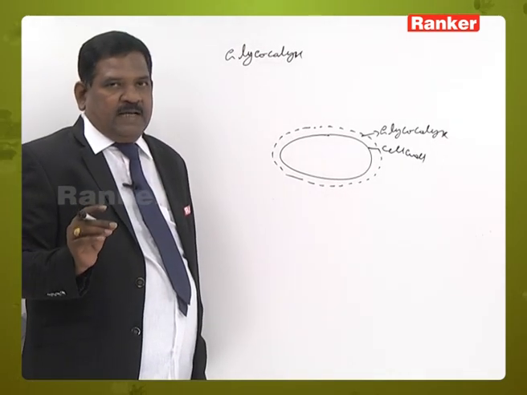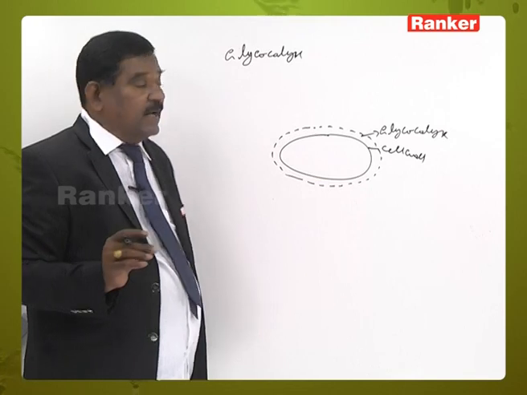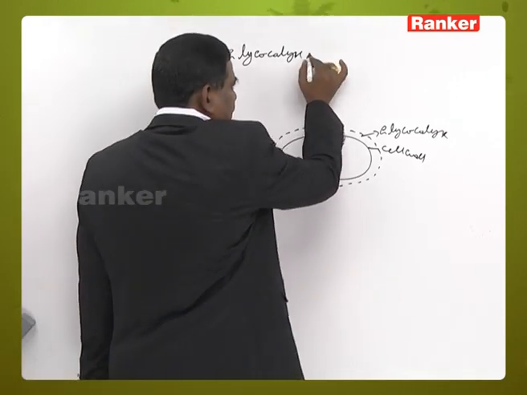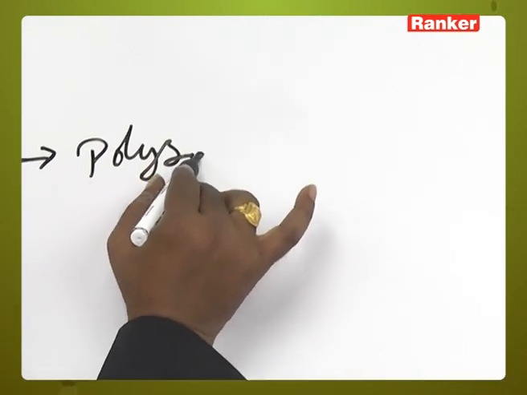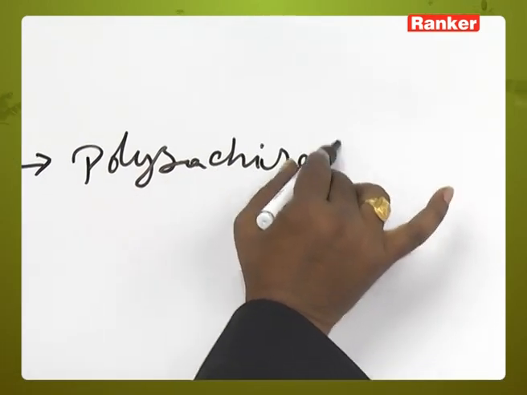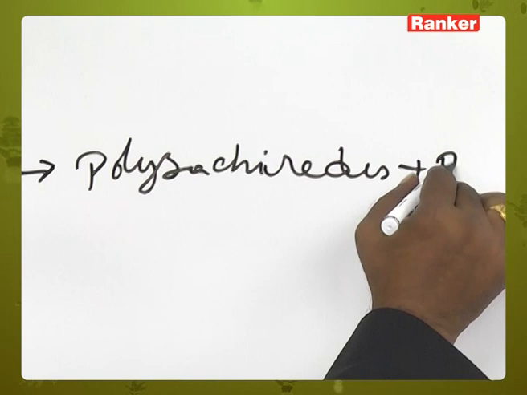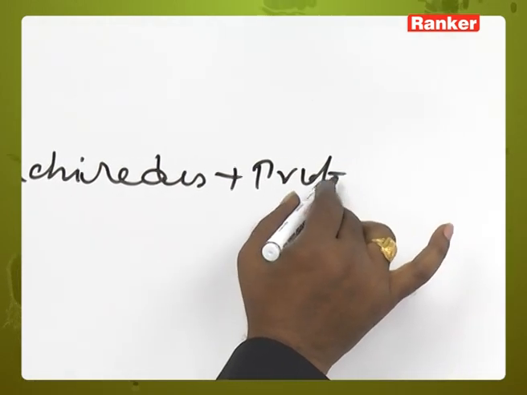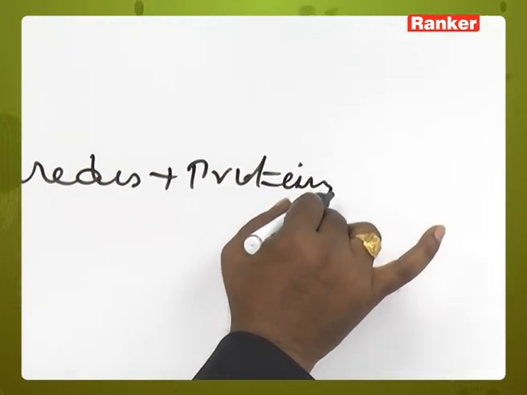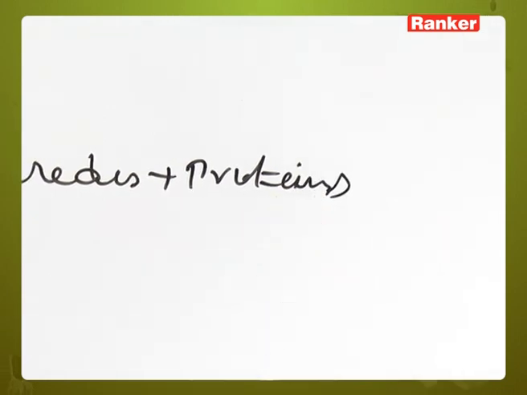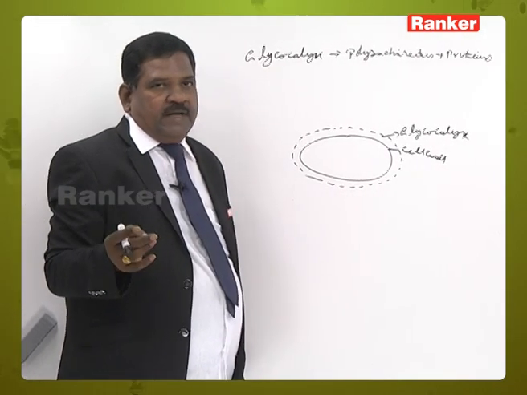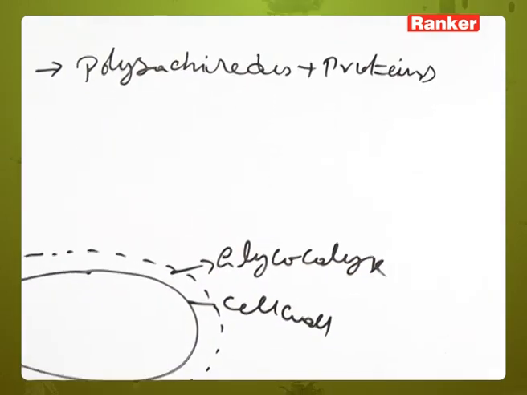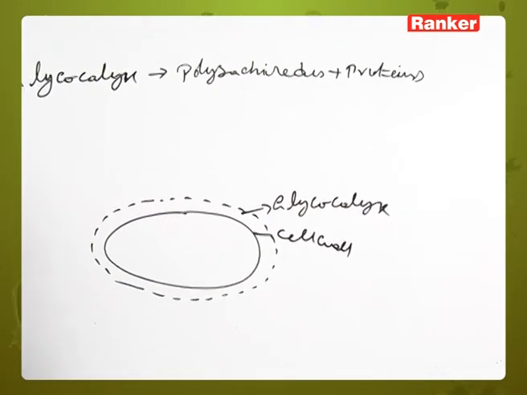Glycocalyx is composed mainly of polysaccharides, and some amount of proteins is also present.